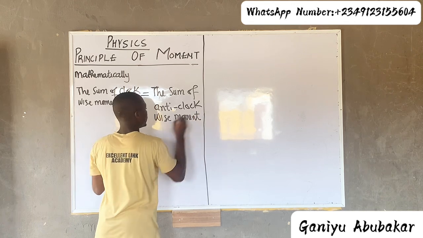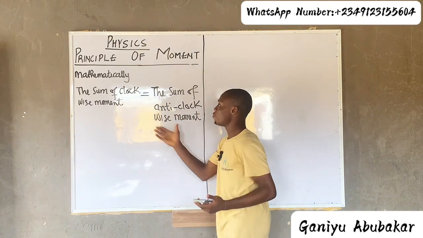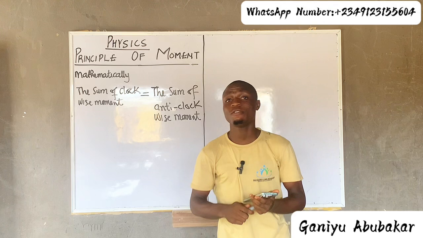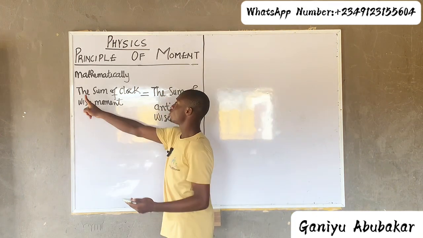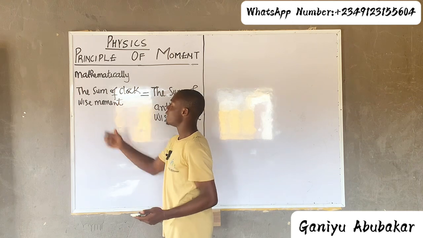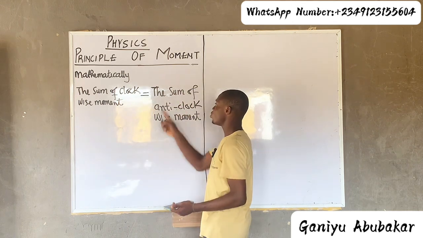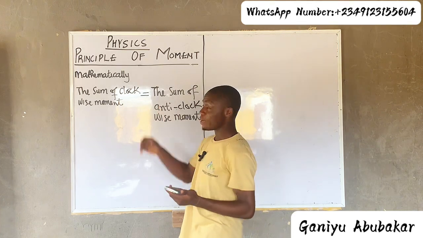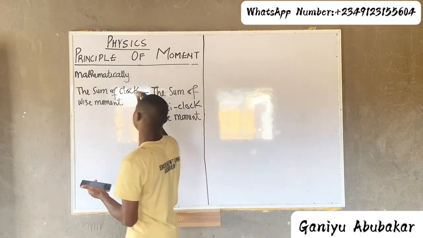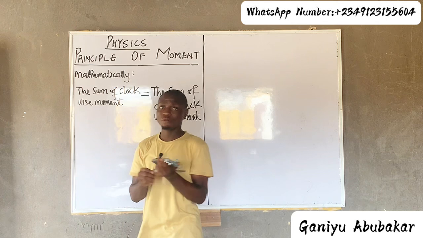So from the principle, this mathematical form is derived. The principle of moment says that the sum of clockwise moments should be equal to the sum of anti-clockwise moments. That's your mathematical concept behind principle of moment.